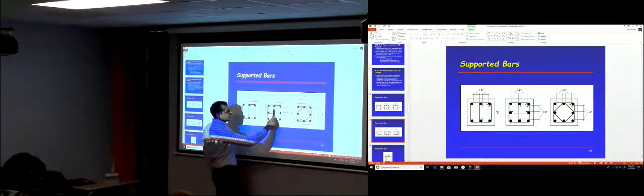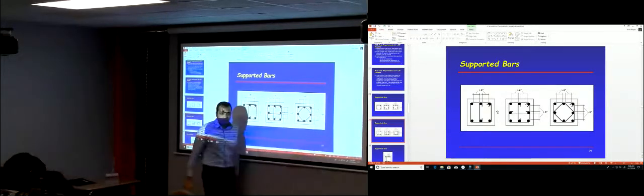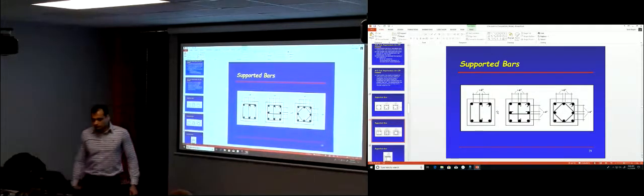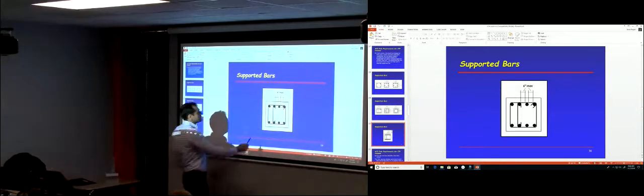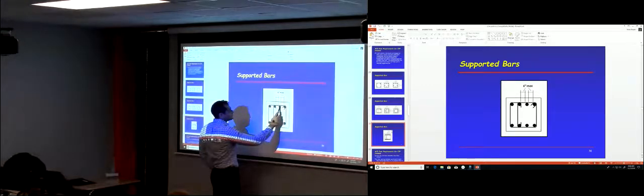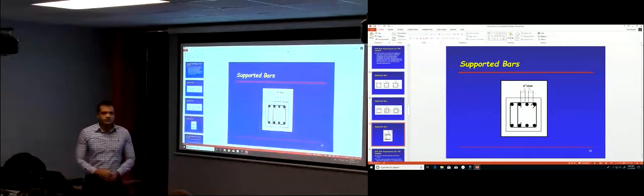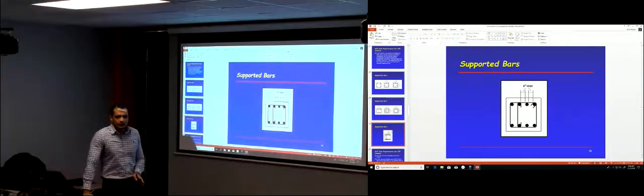If you need to provide a stirrup in this direction, you can remove those and put a stirrup that goes down in that direction. Okay? Here you have this one. If this is still less than 6 inches, you can leave this unsupported and then provide spiral over here. Okay? Any questions? So those are all the requirements for designing and analyzing columns. Next time we're just going to solve 2 examples. Okay?